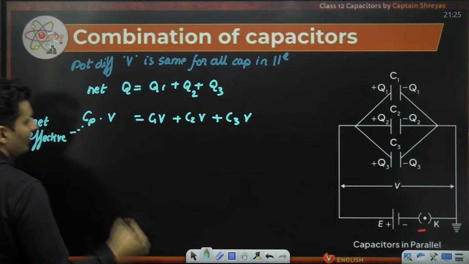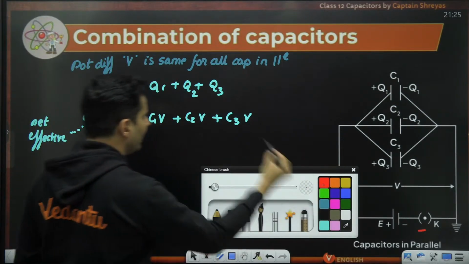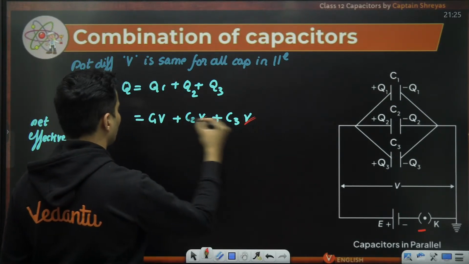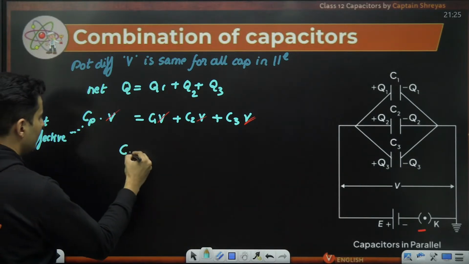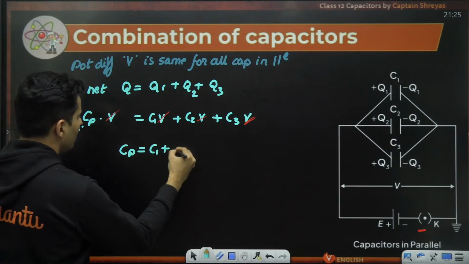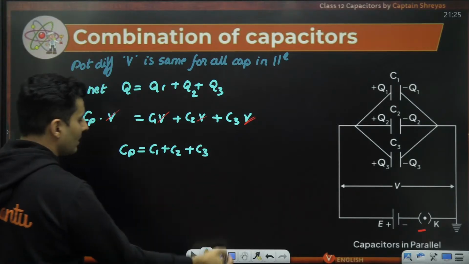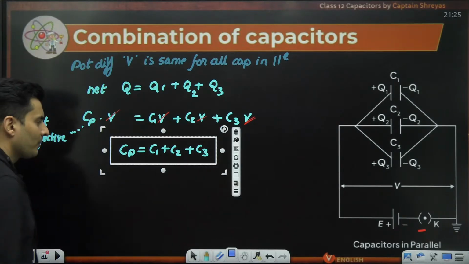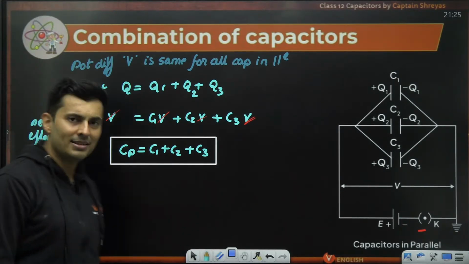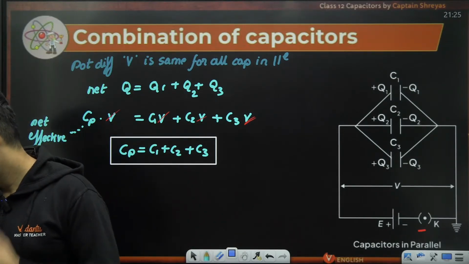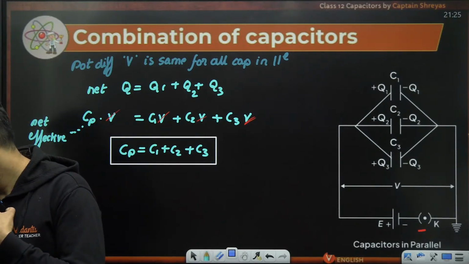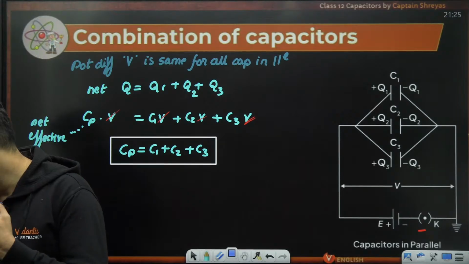As you can see very clearly, voltage has just got cancelled, and I am left with Cp is equal to C1 plus C2 plus C3. Oh my god, that's it. Cp is equal to C1 plus C2 plus C3. Perfect. We got it. Amazing. Isn't it? Okay, perfect.